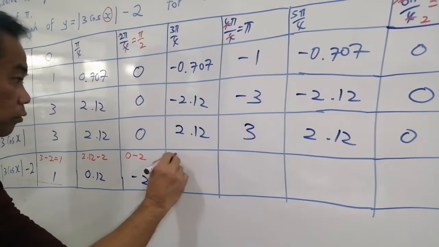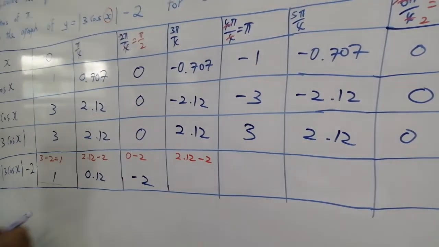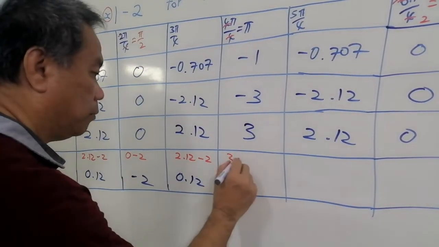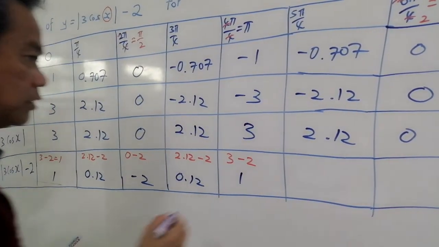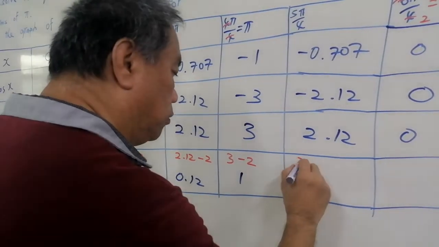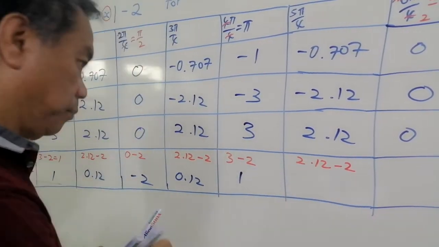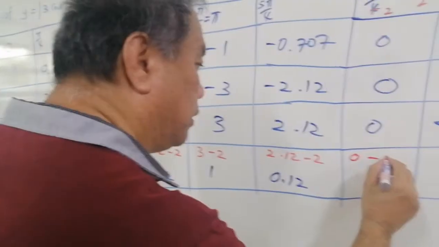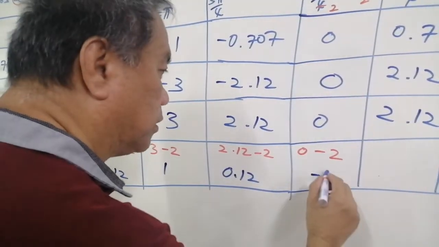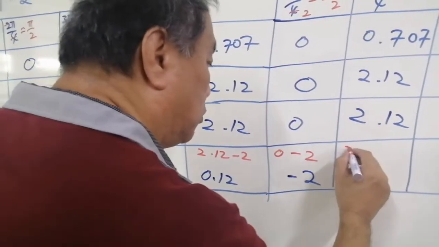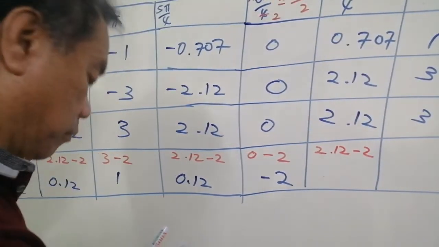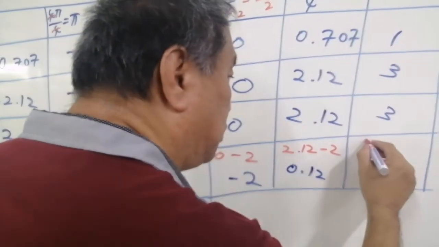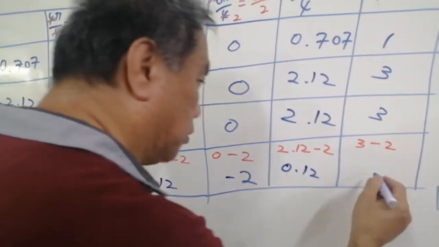Then 2.12 minus 2 will be equal to positive 0.12. Then 3 minus 2 will be equal to positive 1. Then 2.12 minus 2 is 0.12, 0 minus 2 is minus 2, 2.12 minus 2 is 0.12, and 3 minus 2 is positive 1.